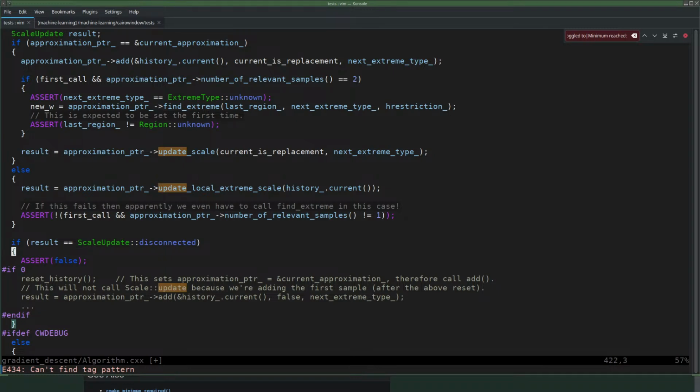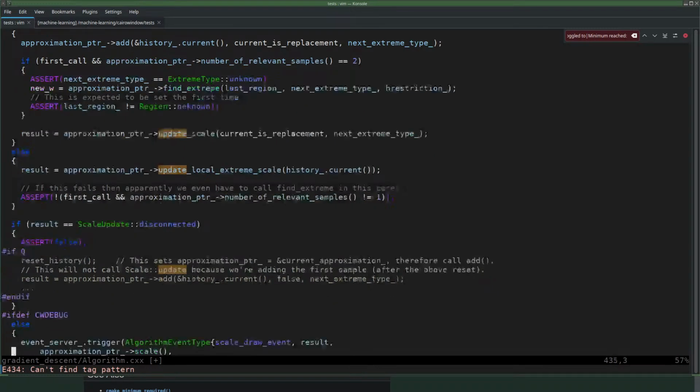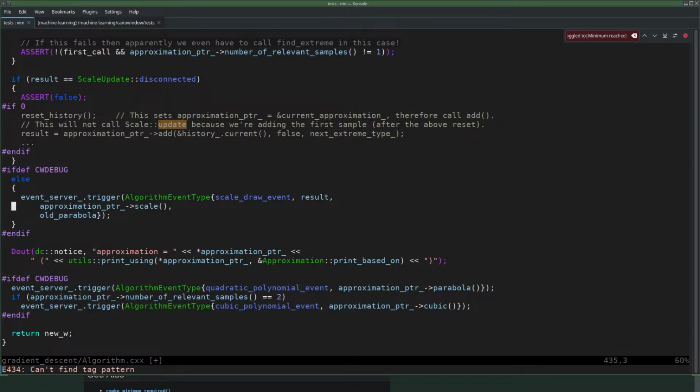We don't do disconnected, plus it wasn't disconnected. So I get here, which then draws it. Return new W. Okay, something is wrong. I didn't update this at all yet, I think.